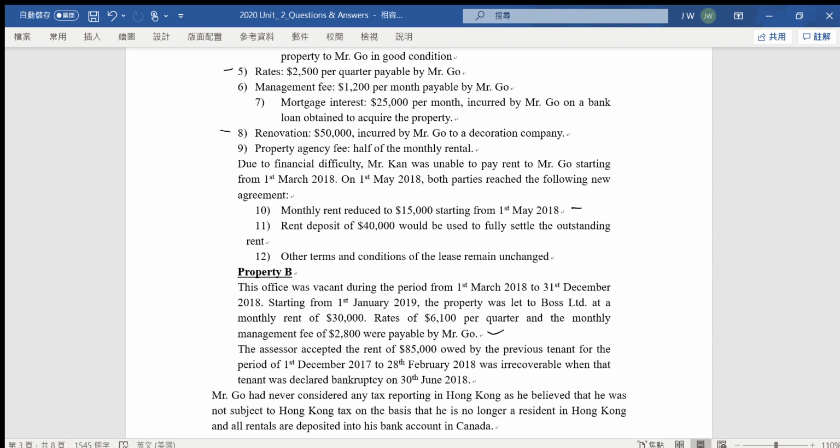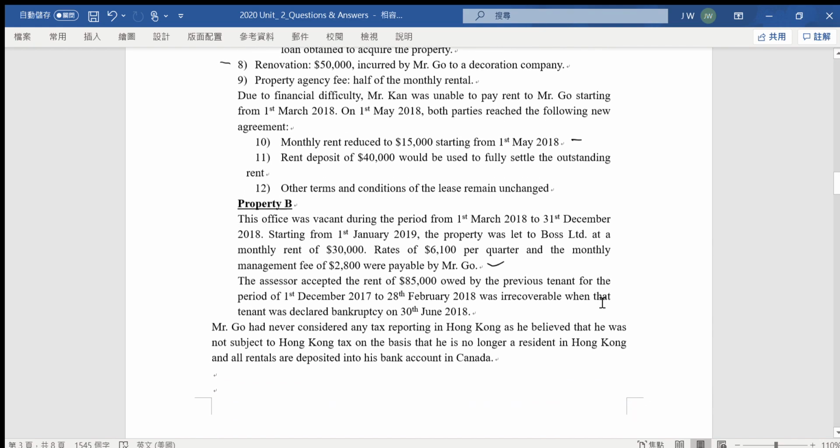For this one you will find that it's being paid by Mr. Goh, and the assessor accepted the rent of 85,000 owed by the previous tenant for the period 1st of December 2017 to 28 February 2018 was irrecoverable when the tenant was declared bankrupt on 30 June 2018. Because of that, you should be careful about this amount, in which year it occurs, and also in which year Mr. Goh can claim for irrecoverable rent.